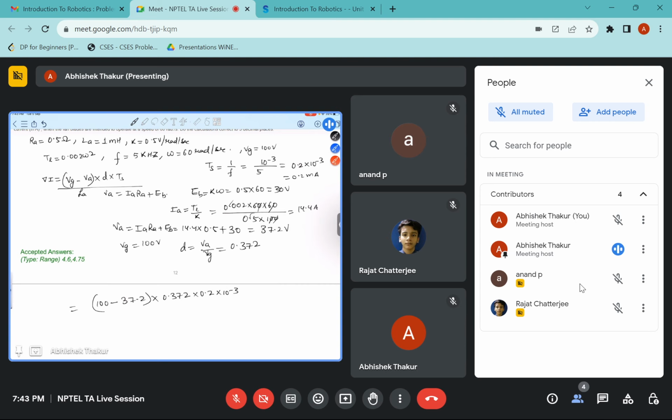So we will get this answer in ampere. So this is equal to 4.67 milliampere.